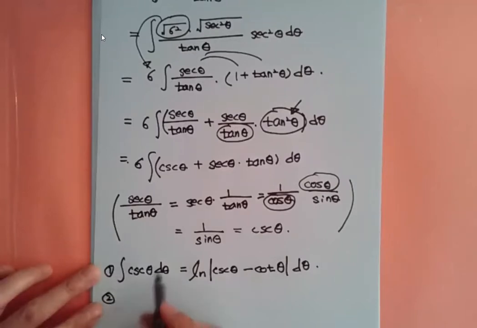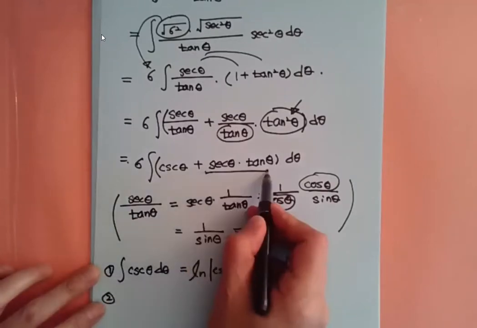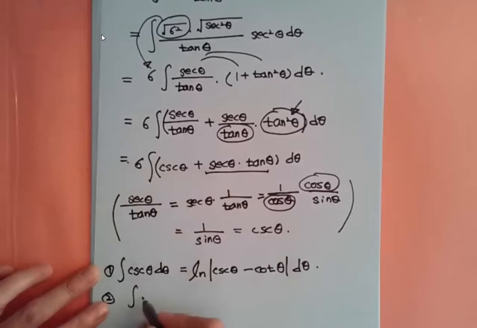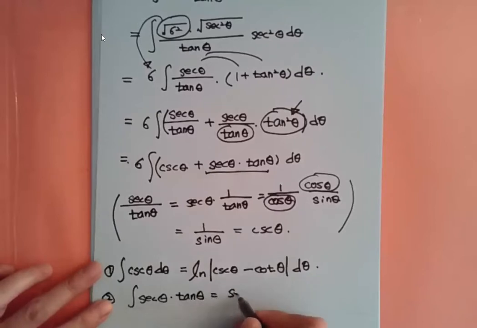Another formula is for this part, which is relatively easier. That is integration of secant of theta tangent of theta equals secant of theta.